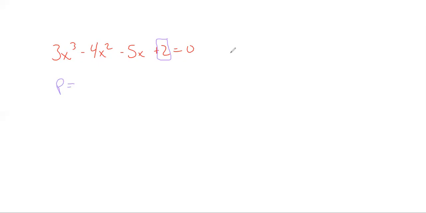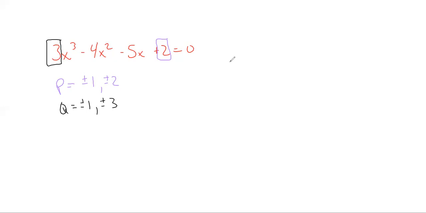But you've got to remember, it's positive or negative 1 or positive or negative 2. Okay, then we're going to look at the leading coefficient, and that's Q, and all of the possible factors of it, positive or negative 1 and positive or negative 3.